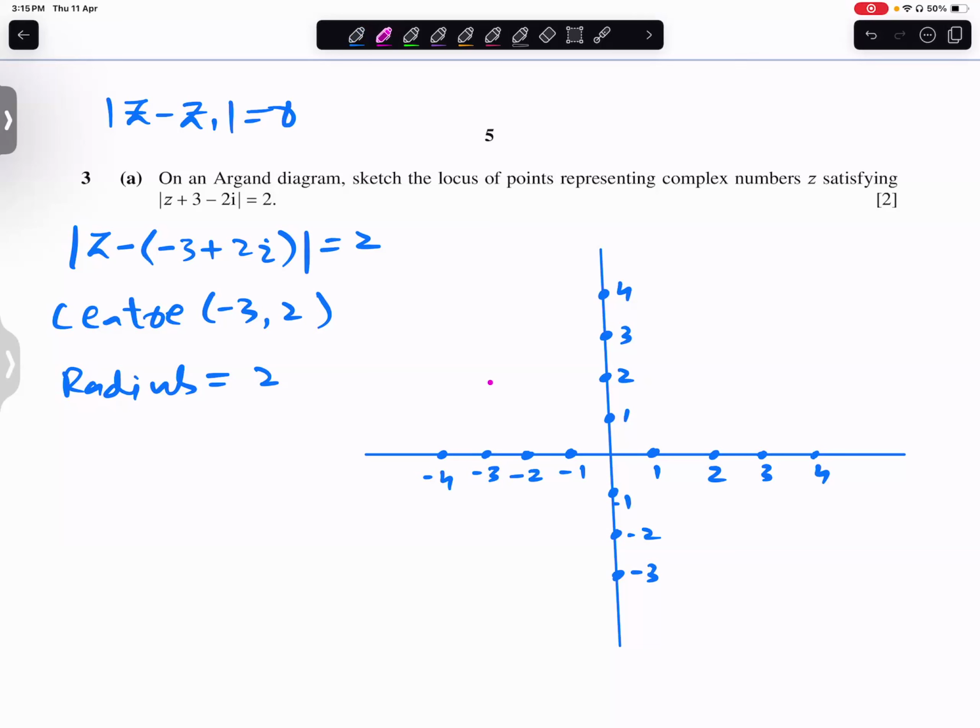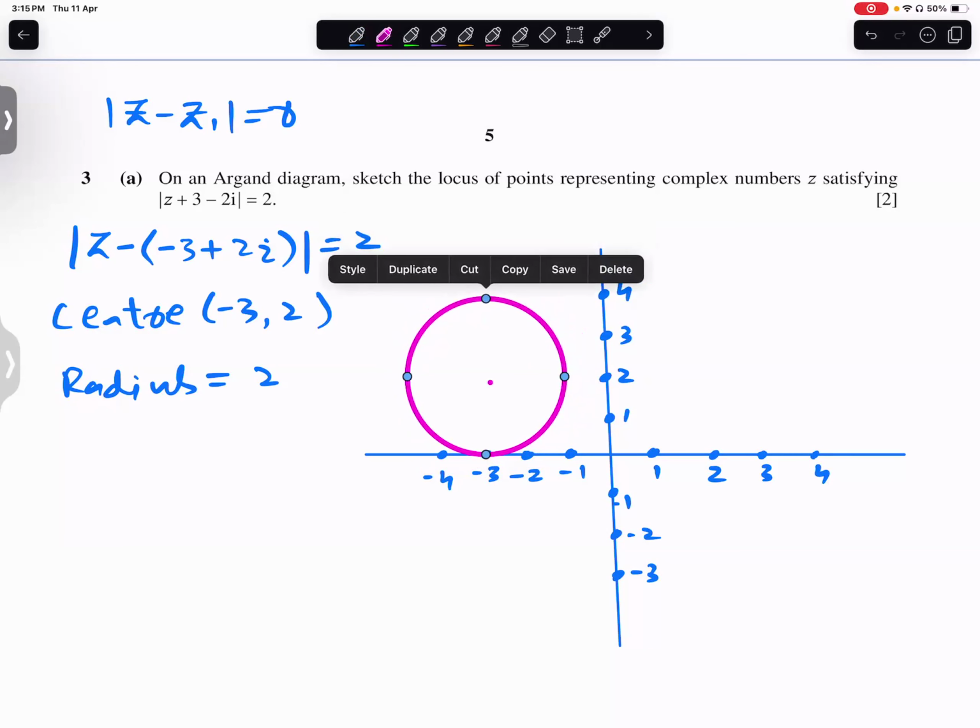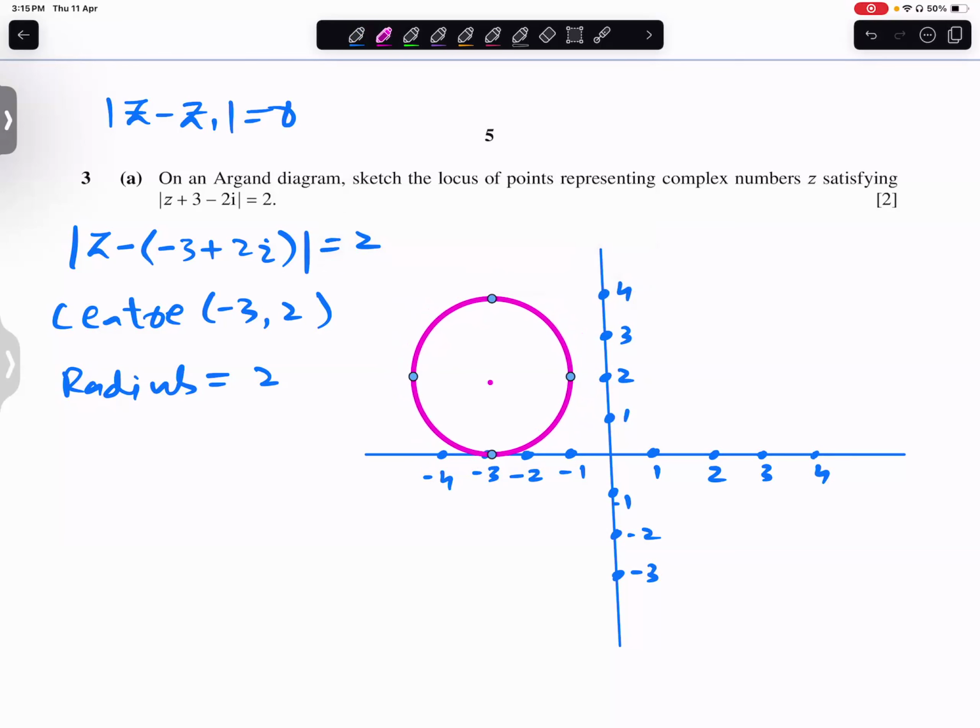And now draw a circle. So this will be my circle, and it has radius 2. This is my circle, center at minus 3 comma 2.